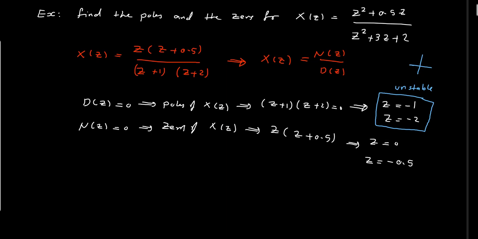Because one of the roots is located outside the unit circle. One is located here at minus 2, and the second one is located here at minus 1. And this system has two zeros. So finding the poles and the zeros is something very simple. Now what about if we rewrite X(z) in terms of z^(-1)?